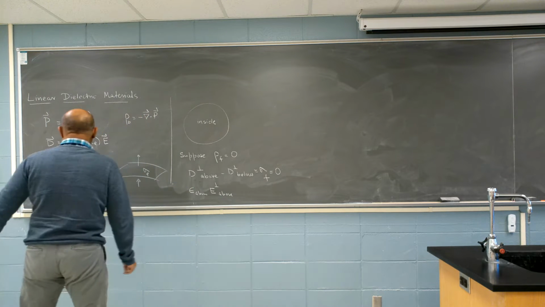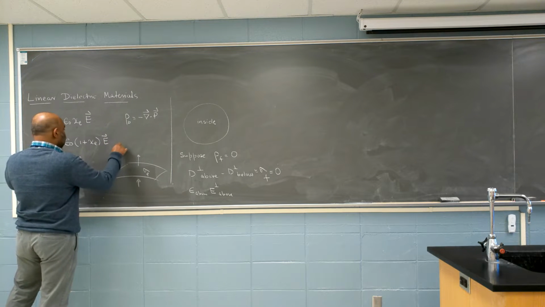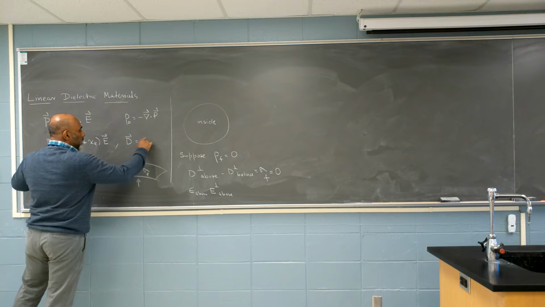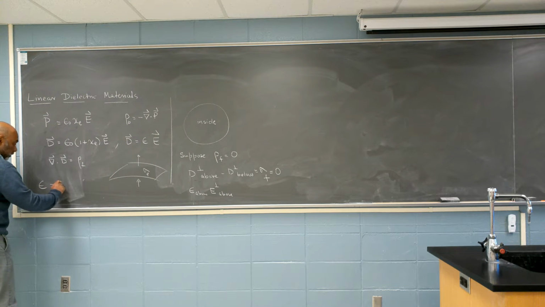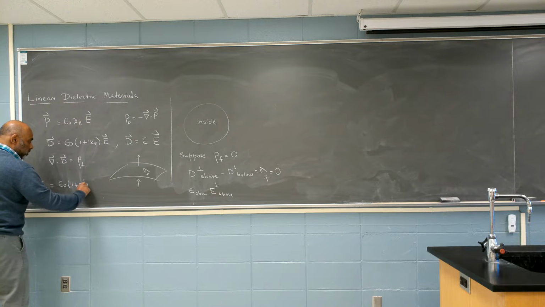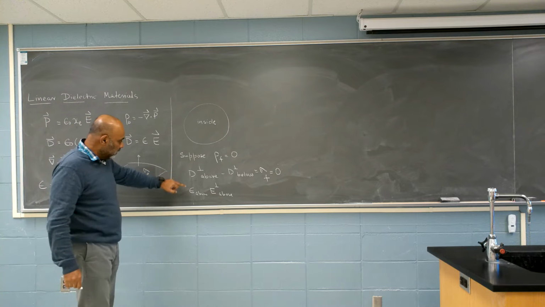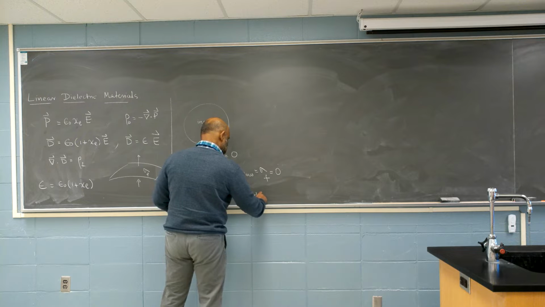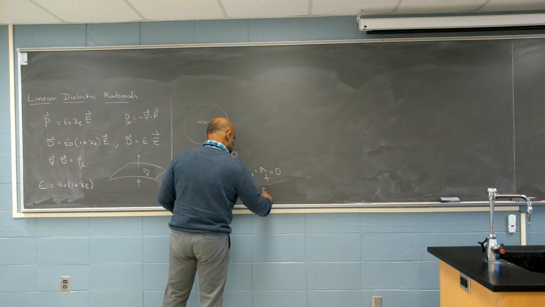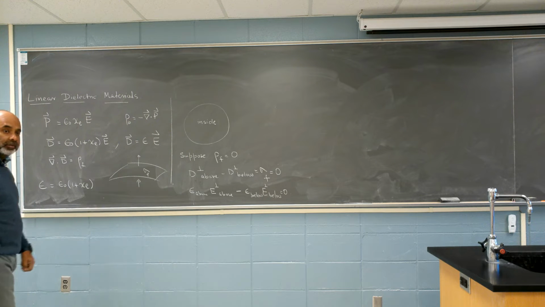But look at this D, and so we have another one. This can be rewritten as epsilon, the permittivity, not of free space, but of the linear dielectric, is defined like so. So I can just translate this: minus epsilon below E perpendicular below is equal to 0.